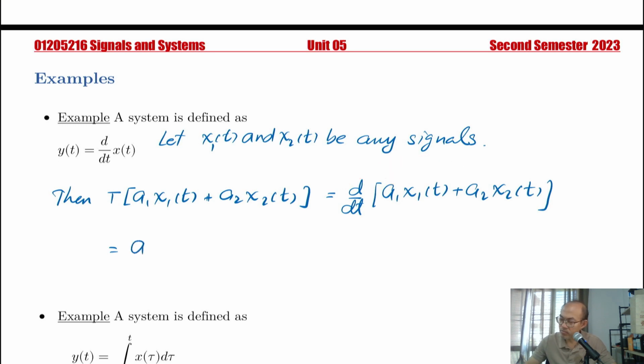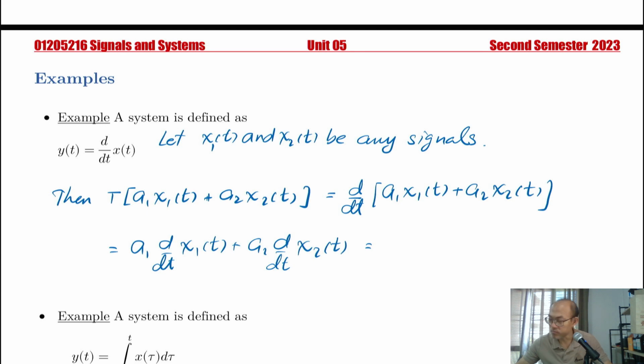So this is going to be a1 d by dt x1 plus a2 d by dt x2, but d by dt is the output, right? So it is a1 T of x1 plus a2 T of x2.